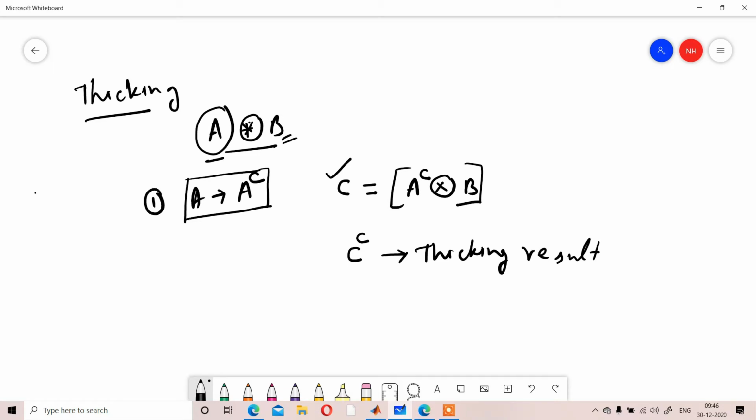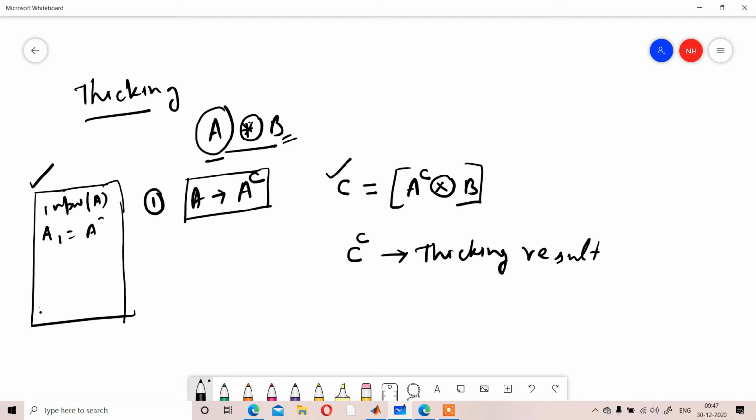So what is happening? You have the thinning code where you take input A, do the thinning operation, and get the thinning result. To use the same code for thickening, you just add another line: A1 as the A complement.